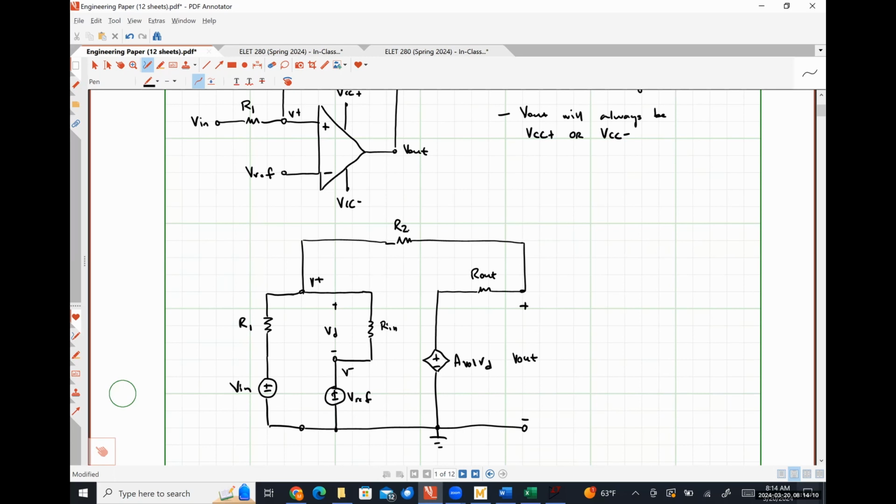We are going to make an assumption here that is rather important. We talked about this a little bit in Monday's class meeting.